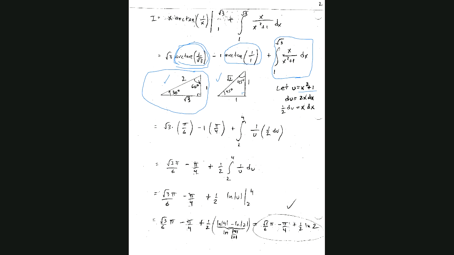So if the tangent of 30 degrees is 1 over root 3, then the arctangent of 1 over root 3 equals what angle? That's right, Kahindi, 30 degrees, or pi over 6.